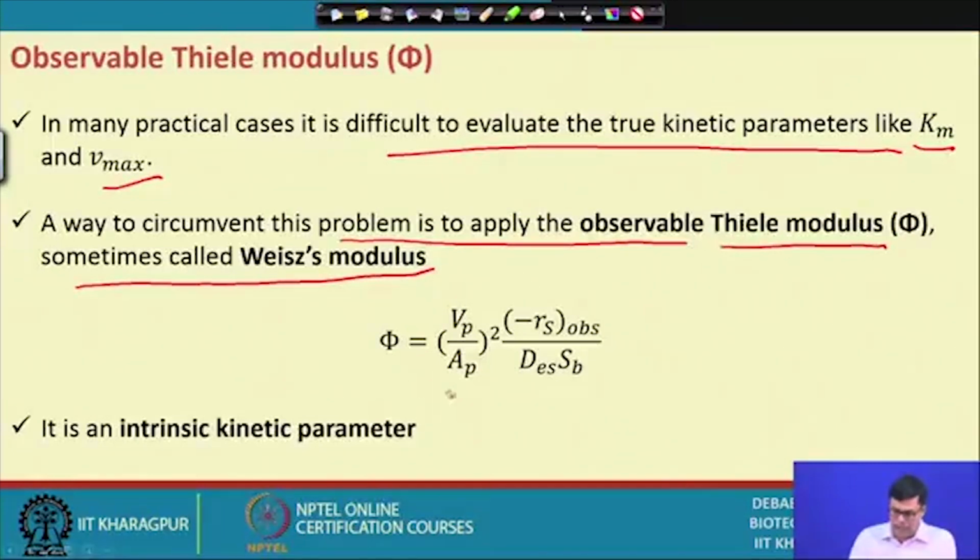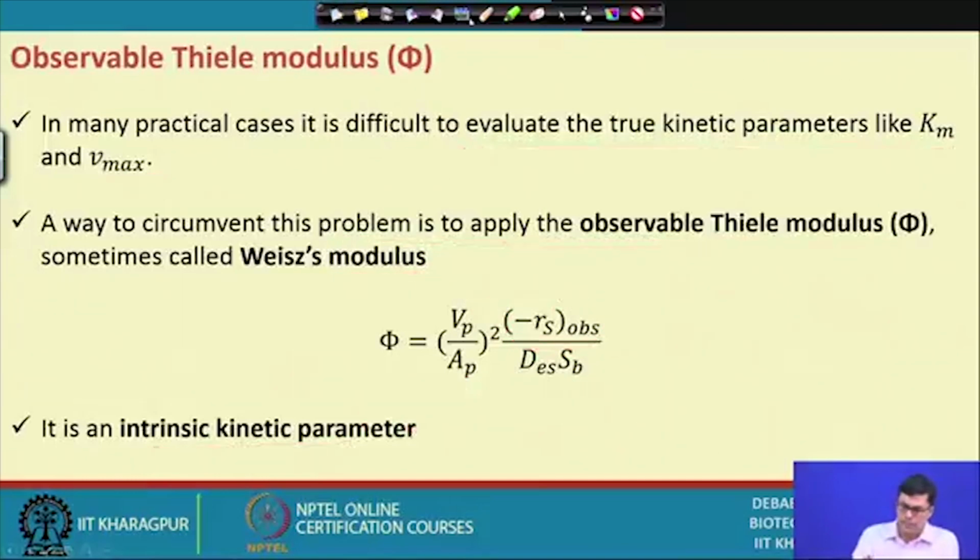This is phi equal to Vp by Ap. What is Vp? Volume of the particle. Ap is the area of the particle. Rs is the observed rate of reaction, DES is the diffusivity, Sb is the bulk surface concentration, and these are called intrinsic kinetic parameters.